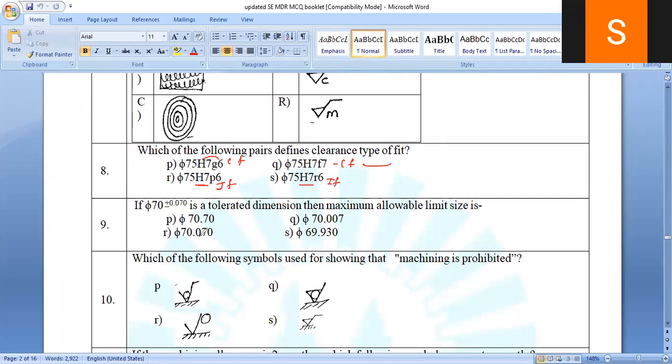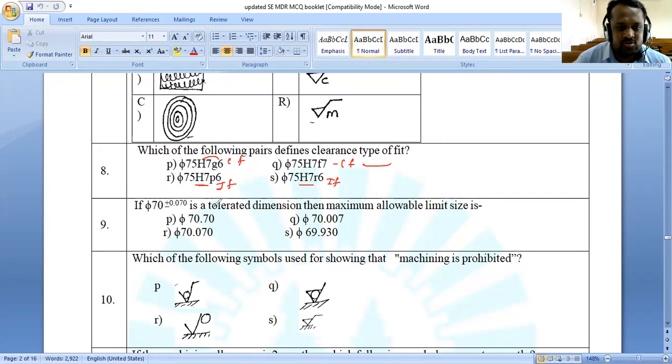Now see, 70 plus minus 0.07 is the tolerated dimension. Then the maximum allowable limit is, means they have asked what is the upper limit. Here how to calculate it: 70 plus 0.07 is equal to 70.07.